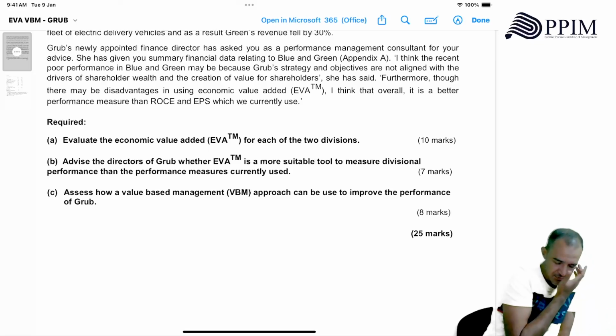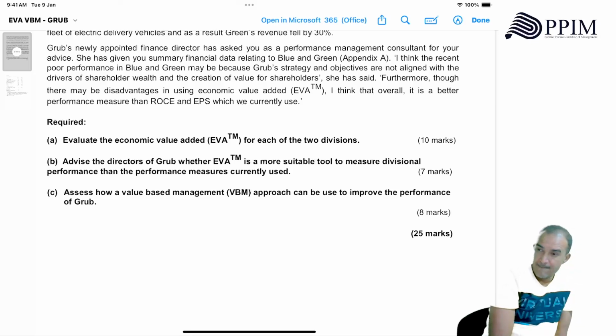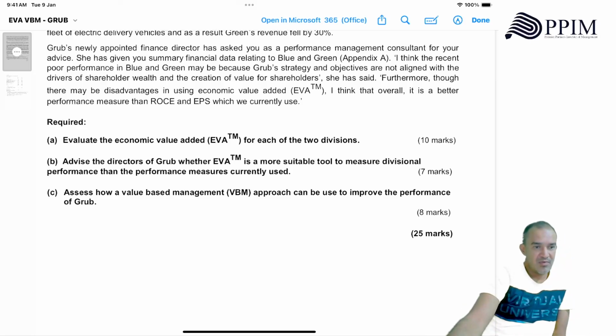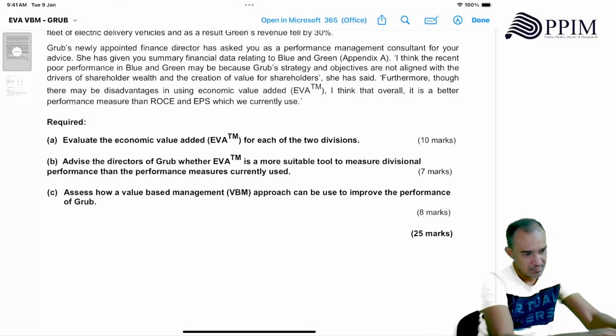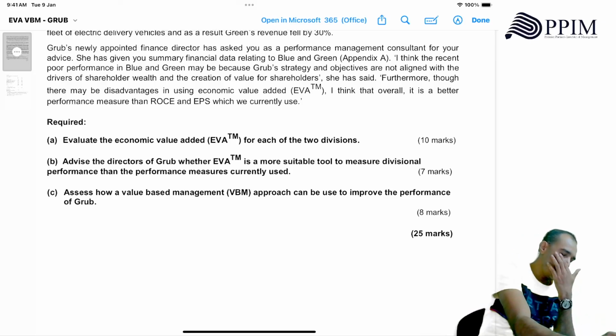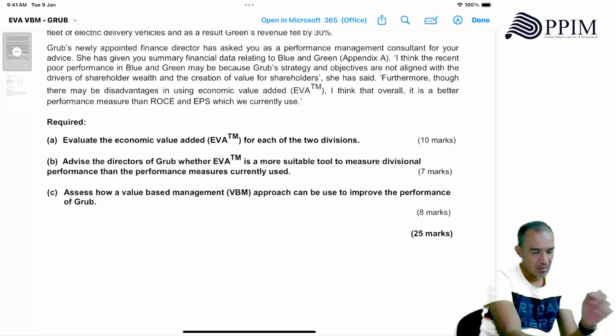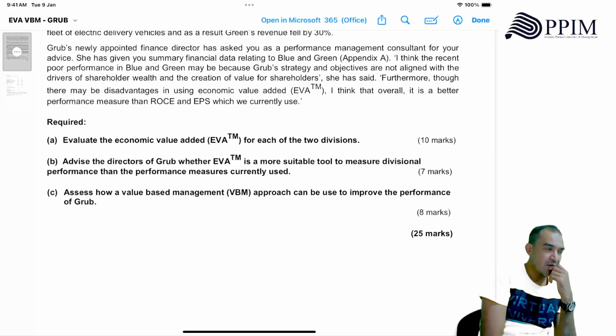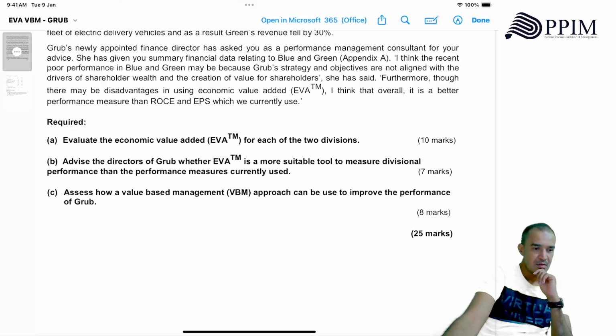Such as, one below the other, you can say, it avoids accounting figures and provides a realistic figure which shows the value addition.